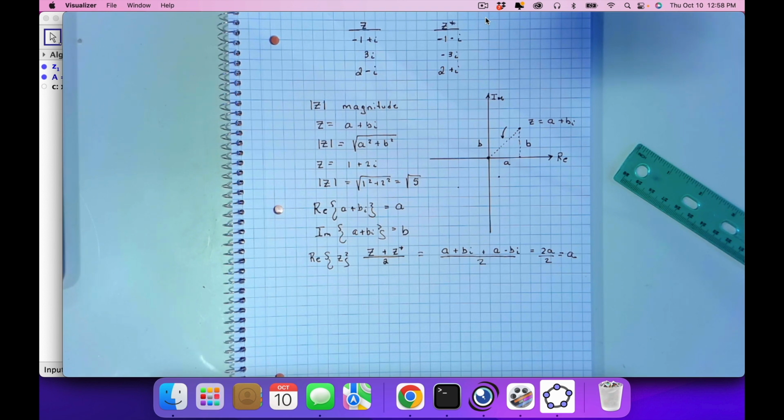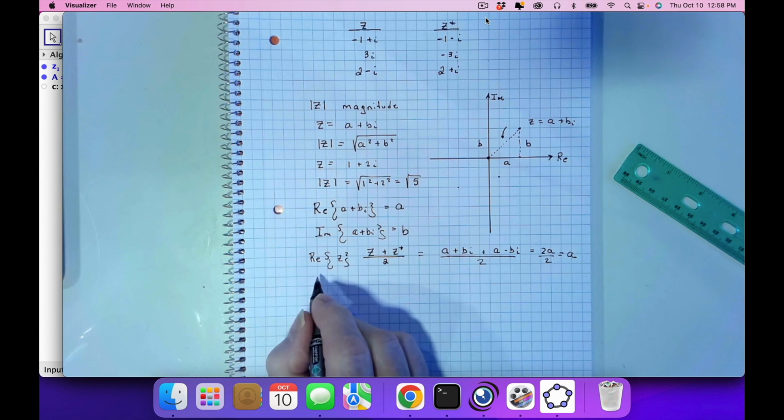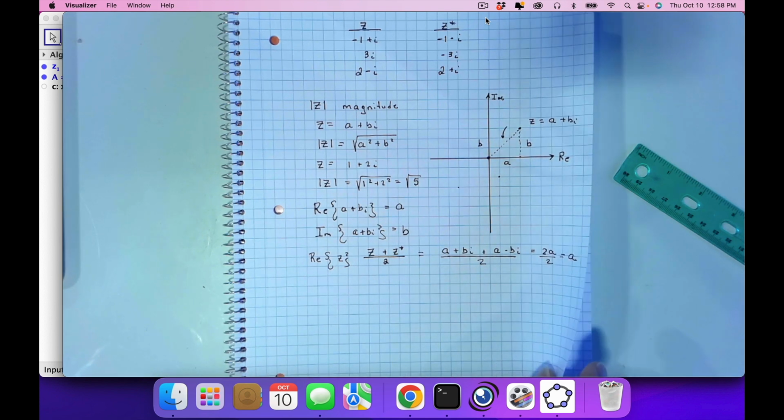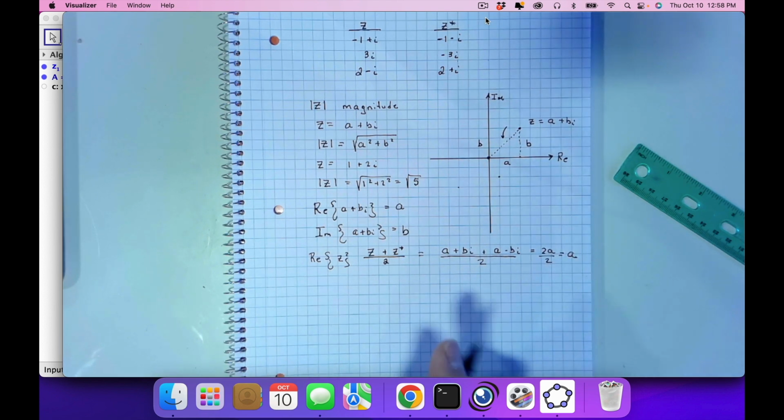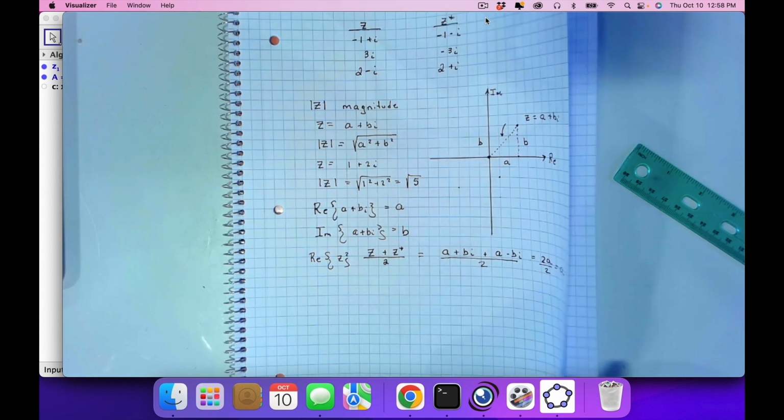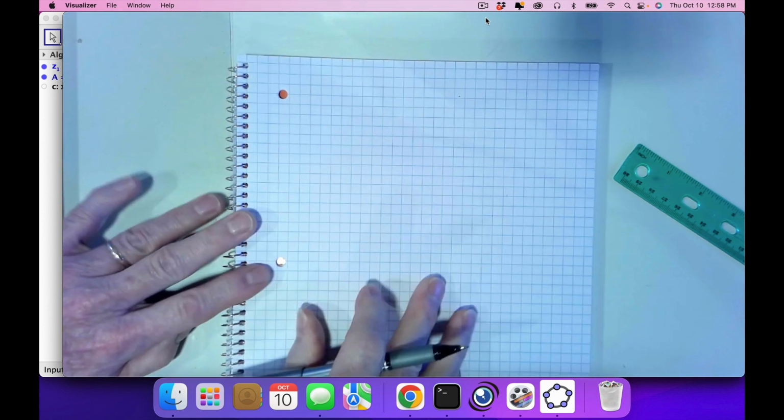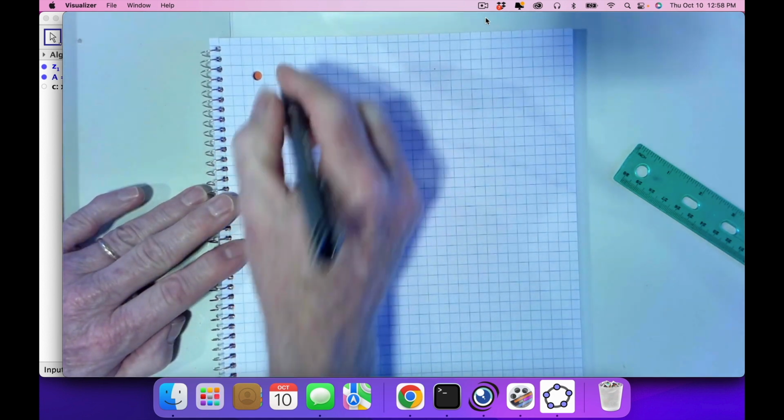So we want to look a little bit more detail into doing operations with complex numbers. All right, and we'll do that on the next sheet. Operations.